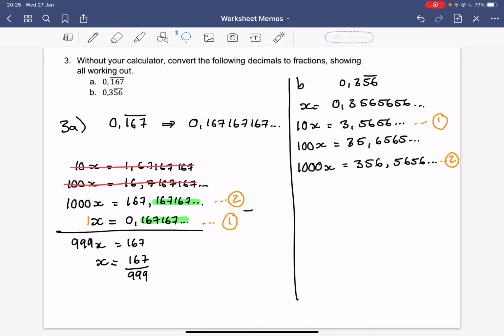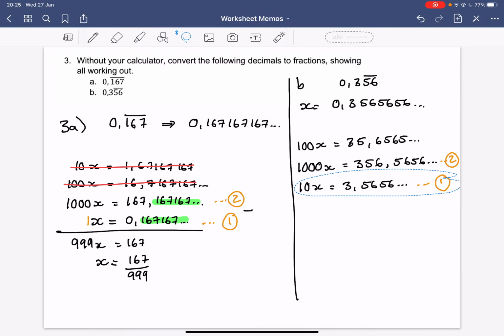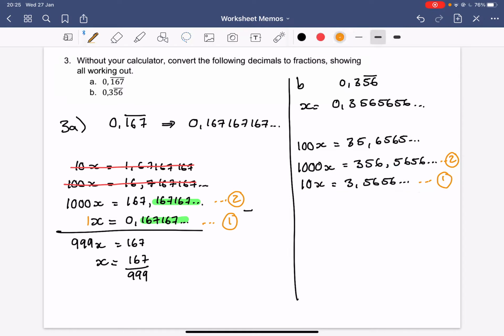Now I subtract 1 from 2. And I'm going to get 1000 minus 10 is going to be 990x is equal to 356 minus 3 is going to be 353. And everything that's after the decimal is going to cancel out.